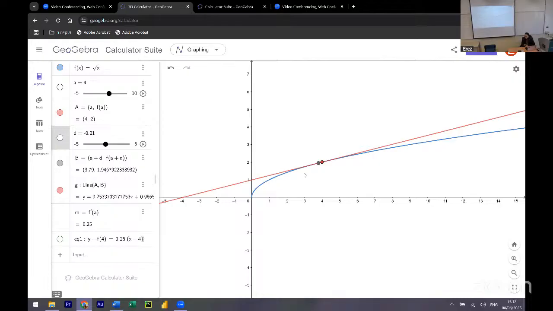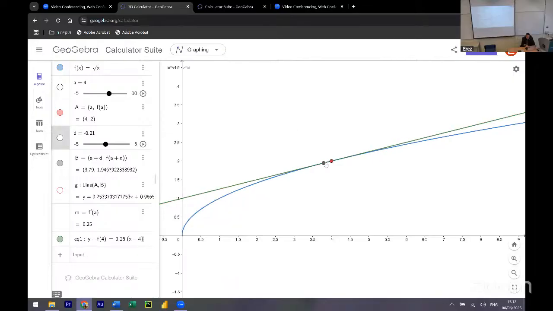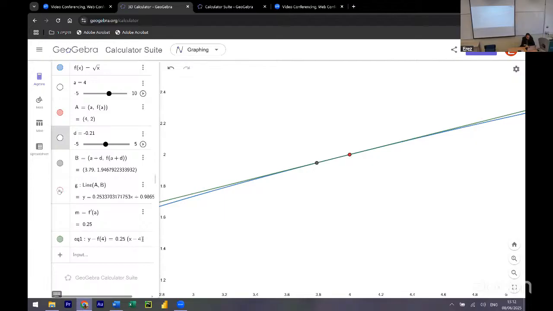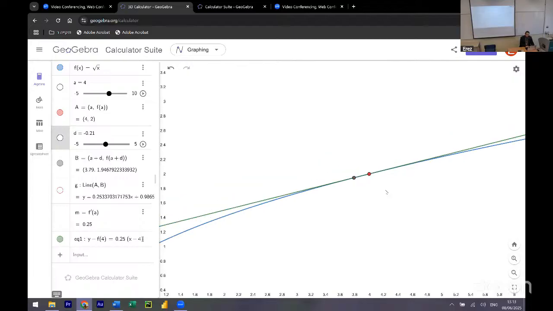Since x is 4, it's 1 over 2 times 2, which is a quarter. 0.25 is the actual tangent line. And that's in green here, if you can see it. And it's really, really close to the chord. I don't think you even notice the difference. A bit, you see that I'm flashing at the red line. Okay. So this is the idea of differentiability.